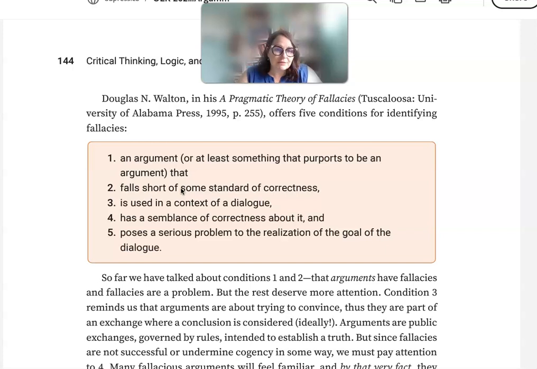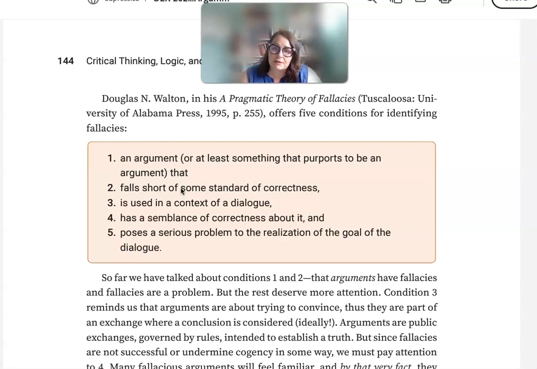It has a semblance of correctness about it, right? It's not just "I know you are, but what am I?" It has a real pull in some kind of way, and maybe some of that pull is that people repeat it, right? That it's actually something that gets passed around. That's part of the pull with a lot of bullshit. And it poses a serious problem to the realization of the goal of the dialogue.